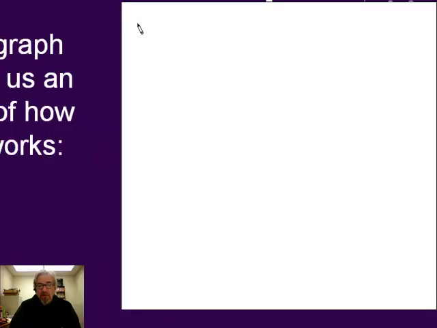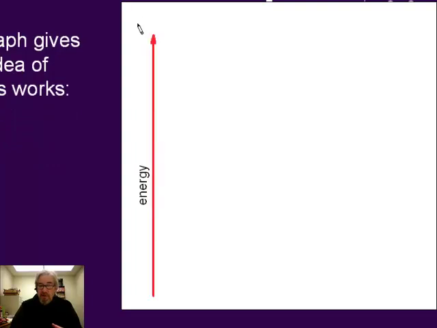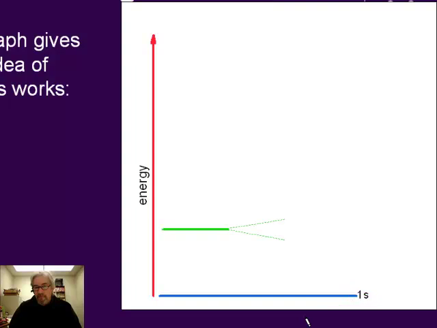So we're going to build a graph here that gives us an idea of how this works. This graph plots energy on the y-axis, so energy is increasing as we go up the side. The very lowest shell is the n=1 shell, and it only has 1 sublevel, so we see one single line here. The next level is n=2, but that's split, because if n is 2, then there are 2 values of l. That means there are 2 sublevels.